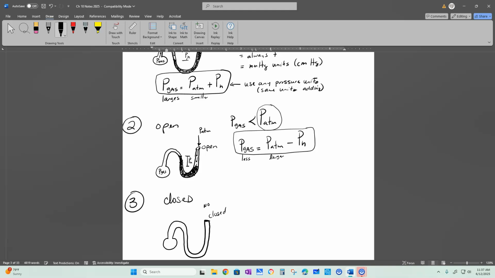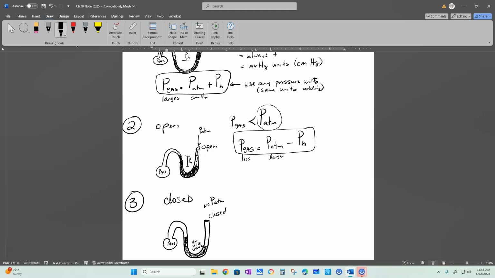That means there's no pressure, PATM, coming through. So whether your mercury is higher on the left or the right, doesn't matter. Oops, I went too much on the shading. There you go. Okay, and I'm going to put right here, or vice versa. And then P gas.